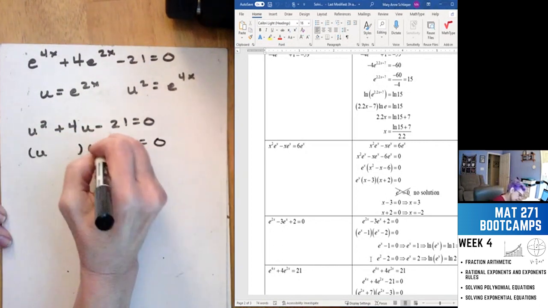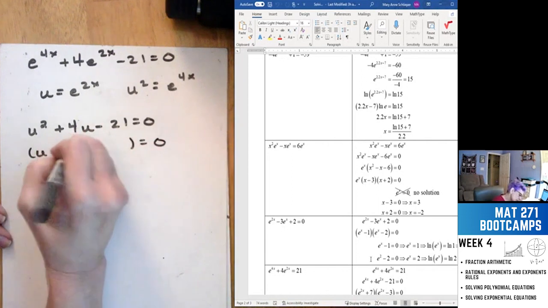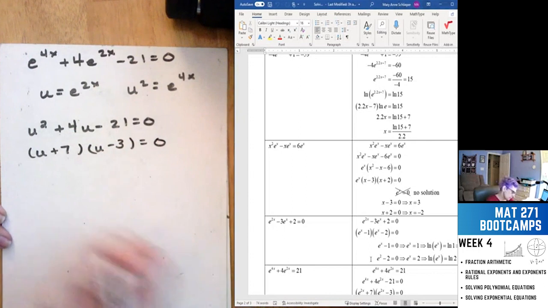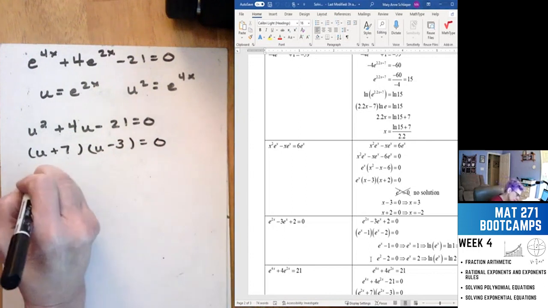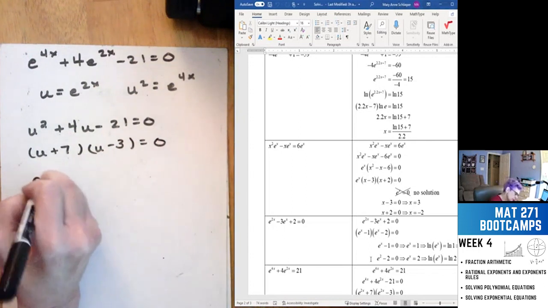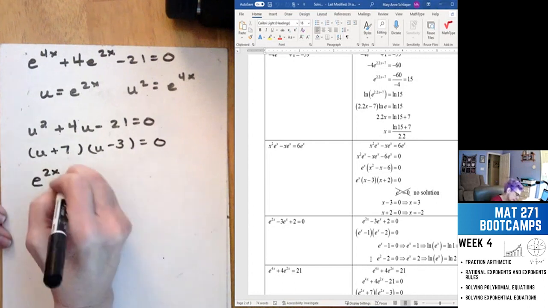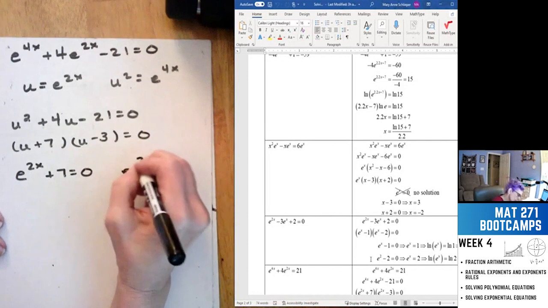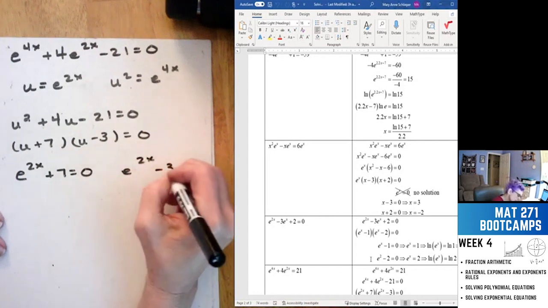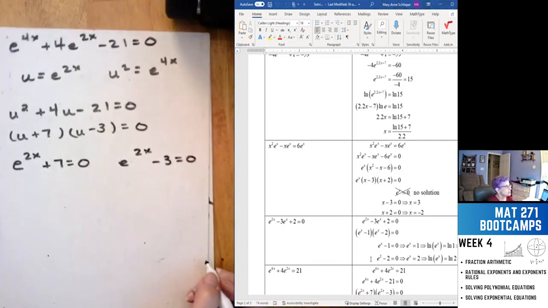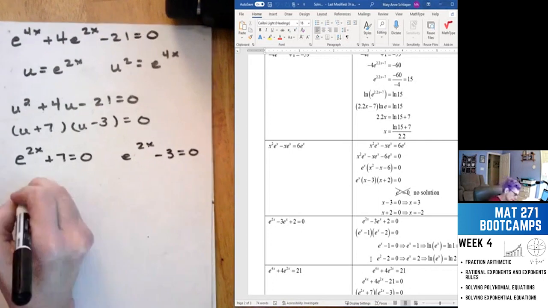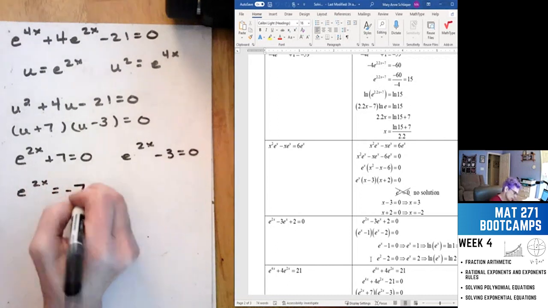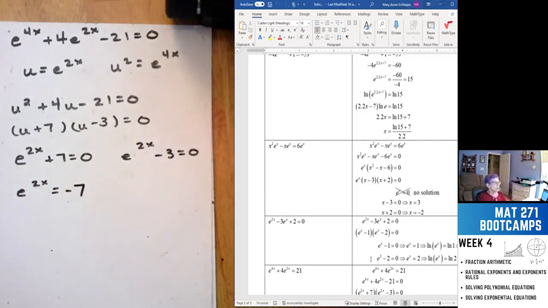I'm going to go ahead and factor. So plus 7 minus 3 is going to work for me. So u plus 7, in other words, e to the 2x plus 7 equals 0, or e to the 2x minus 3 equals 0. e to the 2x equals -7.